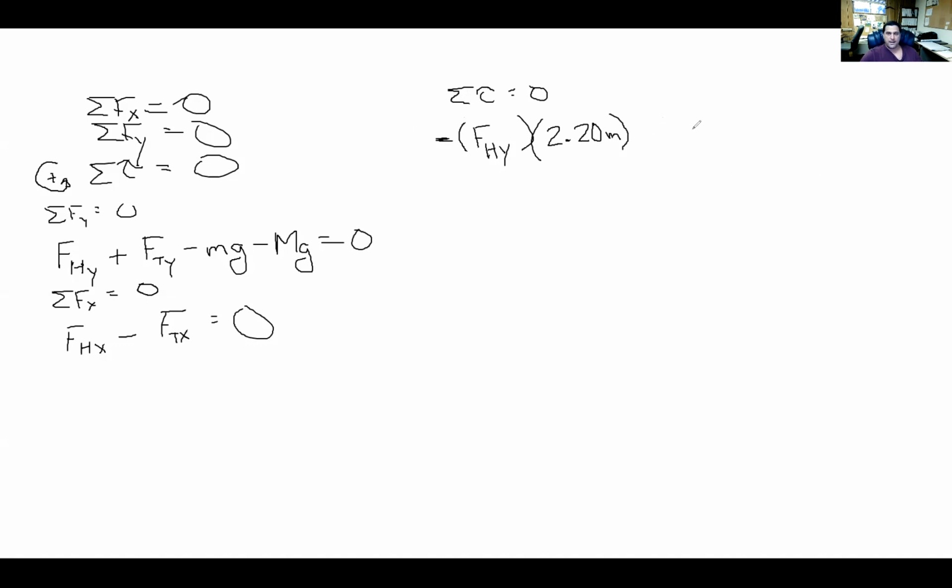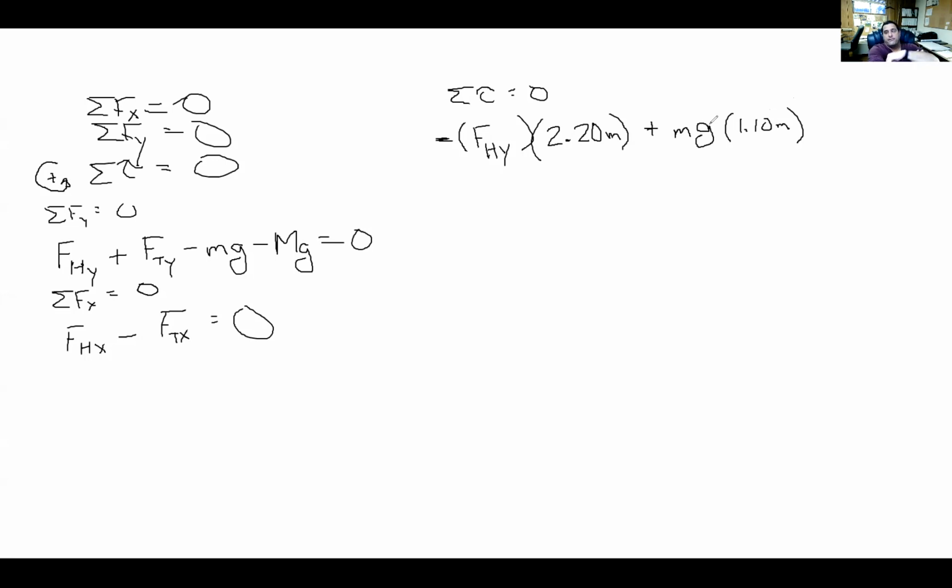And then the next thing I'm going to have is the weight of the beam, which is the lowercase m times gravity. And that is 1.10 meters away. And we go back and look at that, that is going to create a counterclockwise rotation because we're assuming the weight of that is acting down. So it's going to want to rotate counterclockwise, so that sign is positive.